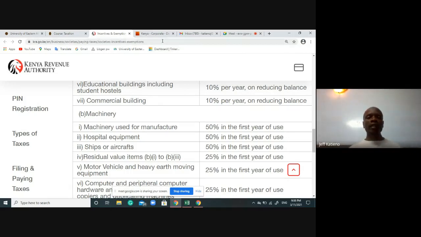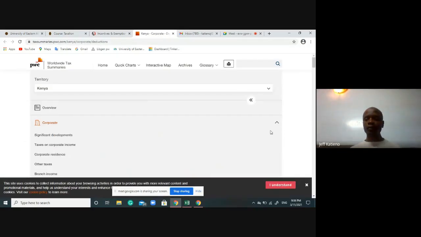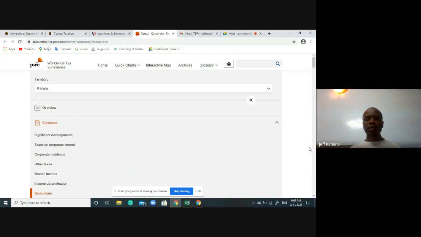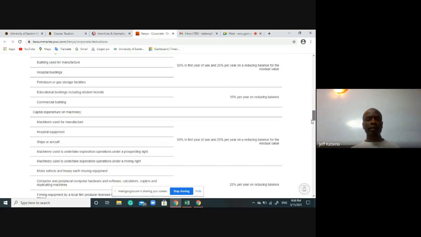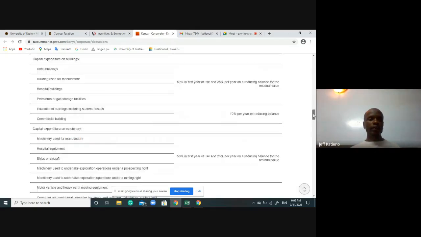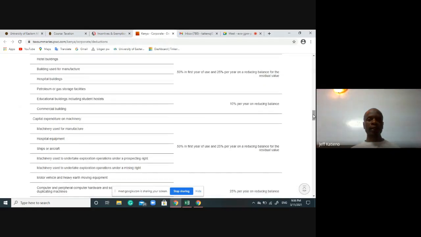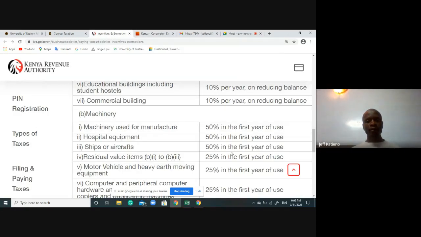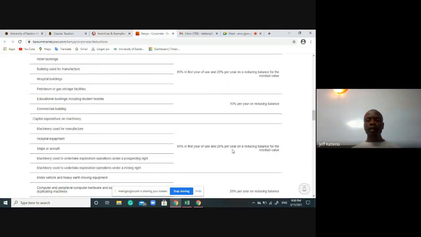So that's why I put the PwC, PricewaterhouseCoopers analysis also, because this one Kerry didn't get it very rightly. So if you can look at this machinery, where's machinery? Yes, machinery like hospital equipment, ships. 50% in the first year of use, just like Kerry is saying here, for the machineries, but 25% per year afterwards on reducing balance for the residual value.